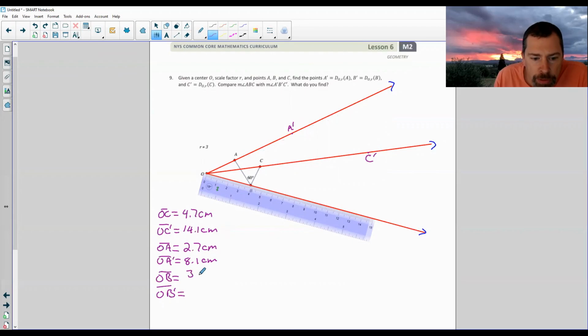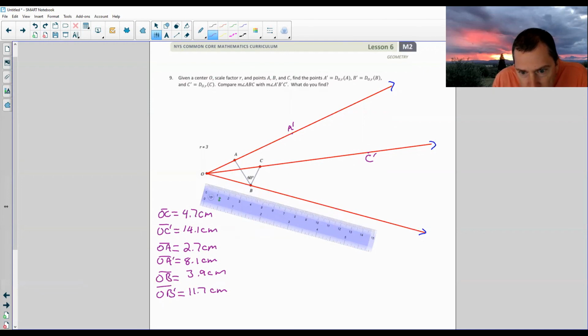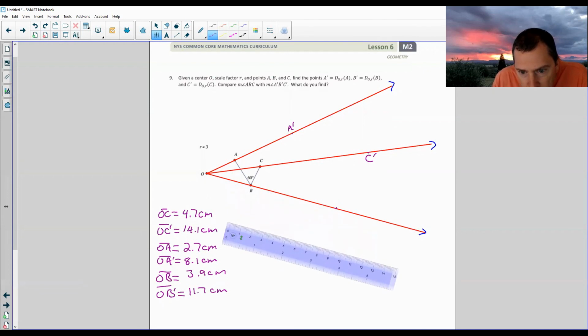OB is 3.9 cm. 3.9 times 3 is 11.7. So I move out here to 11.7 cm, and it is right there, and that is B prime.